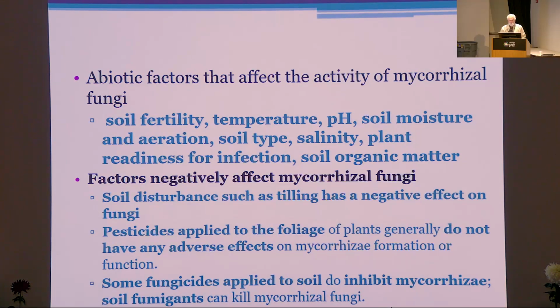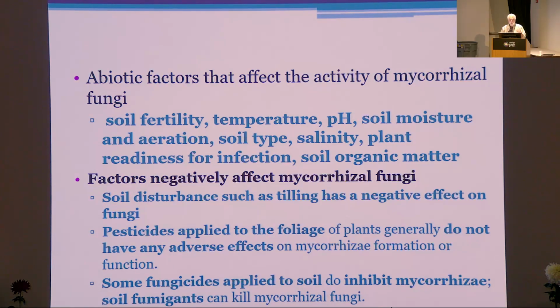A lot of things affect the mycorrhizal fungi, but the factors that tend to negatively affect them: tilling. Tilling is generally something where you're going to disturb the structure of the soil. All of those fungal mycelia are going to be broken up and disturbed.